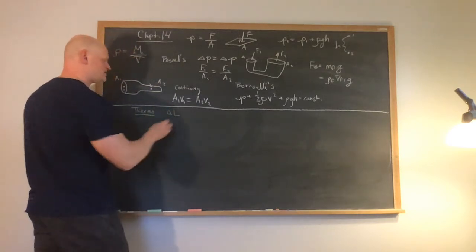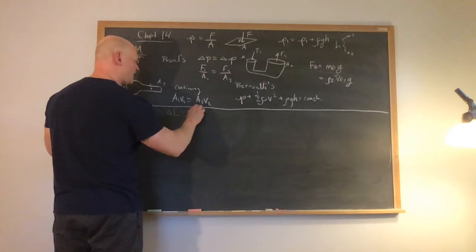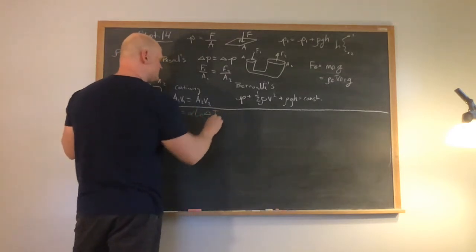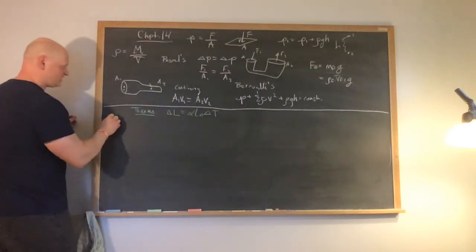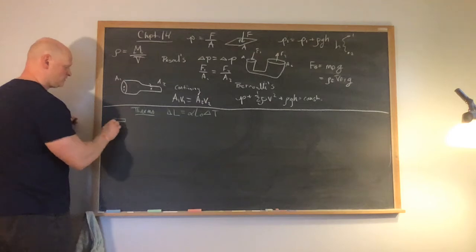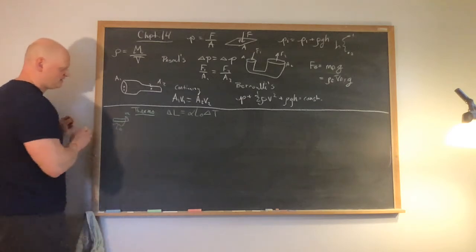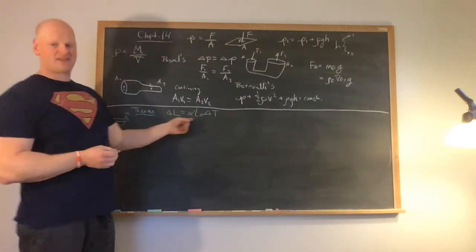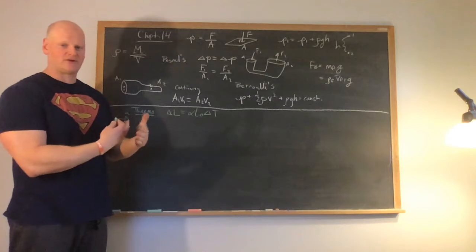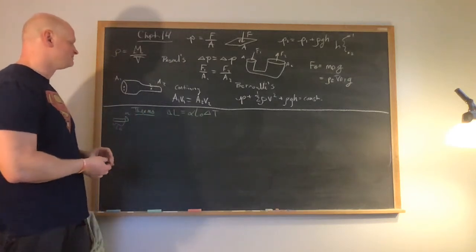Linear expansion. We said that the change in L is equal to alpha times the initial L times delta T. So again, if I had an object with initial length of L0 under a change in temperature, that is going to grow by an amount of delta L. If the temperature is increased, it grows; if the temperature is decreased, then it's going to contract instead.